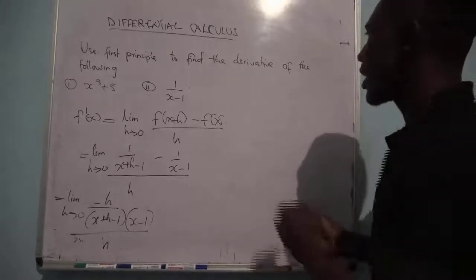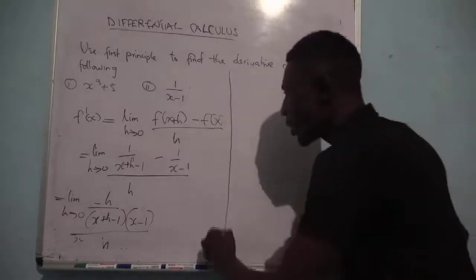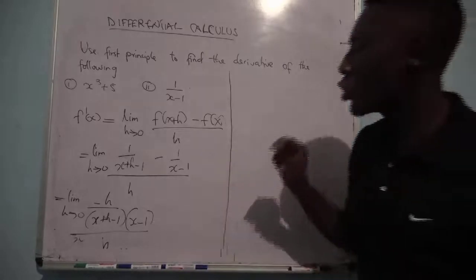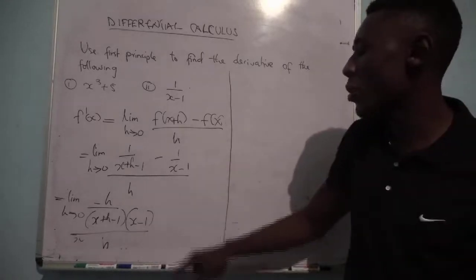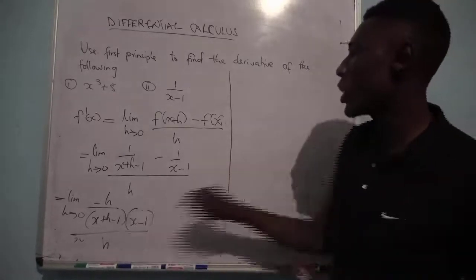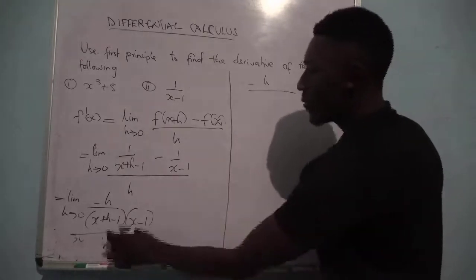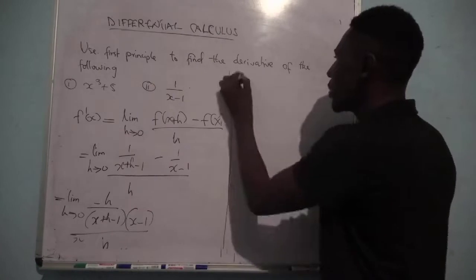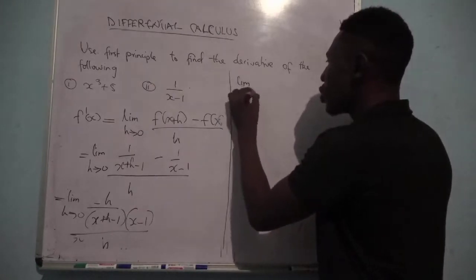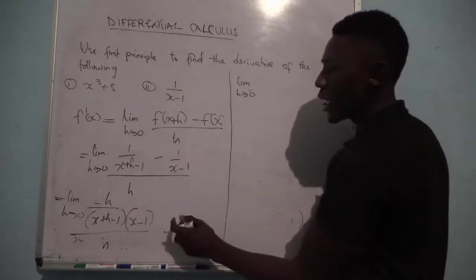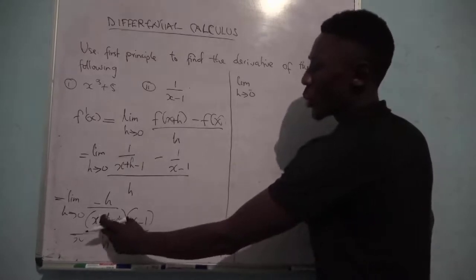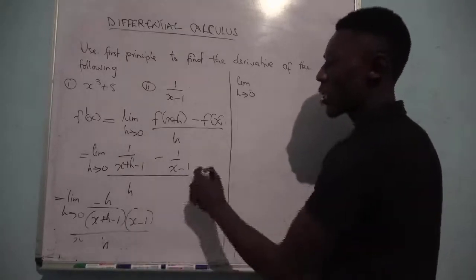So when this is the case, I'm going to multiply both the numerator and the denominator with the lowest common multiple of the numerator. So this is simply the limit as h approaches 0 of, when I multiply the lowest common multiple with what I have here, this will cancel with what I'm going to multiply with.